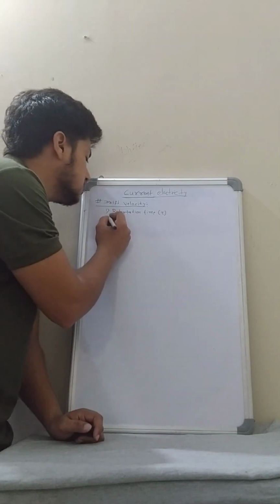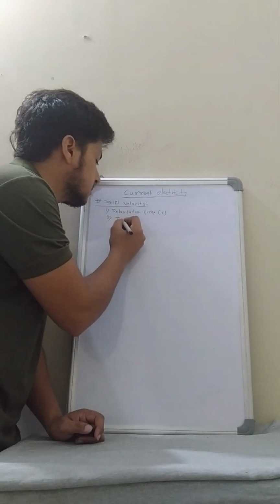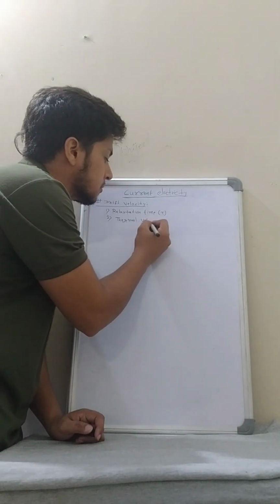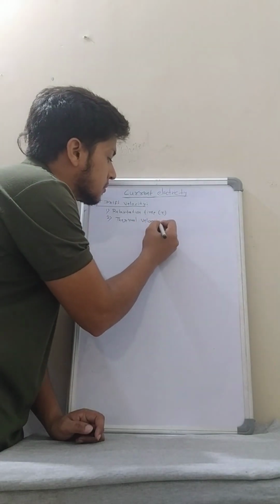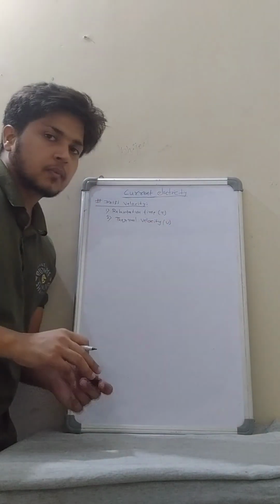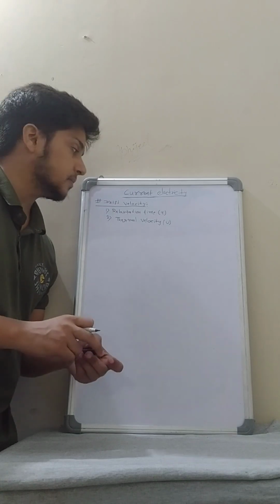The next thing is thermal velocity. It is denoted by u. It is the velocity of electron due to thermal energy.